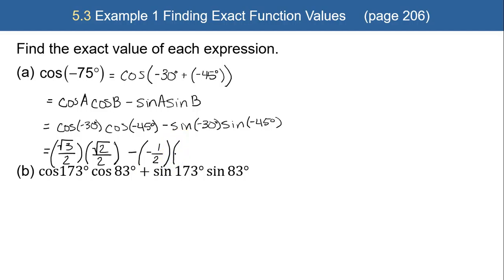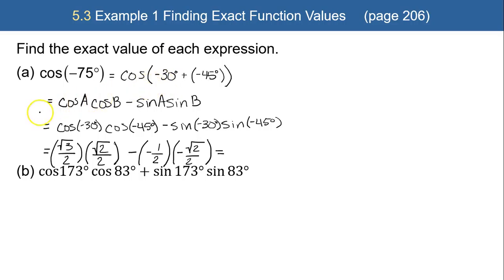And then sine of negative 45, that's negative sine of 45, so you put in negative square root of 2 over 2. If you don't remember where I'm getting these values from, please email me or ask me in class later. But just remember, all of those values can be found using your unit circle, like we have done in the past. Okay, now at this point, we are going to combine everything together.